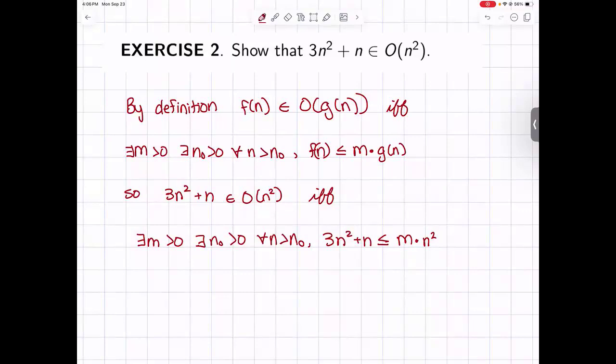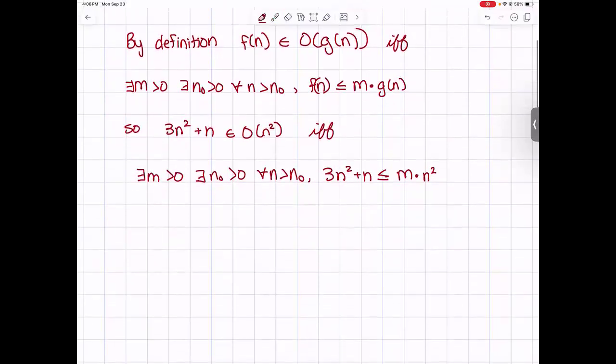I look at this problem space and I can see that we've got an n squared over here, we've got an n squared over here. We're trying to get a form where we end up with something times n squared, but we have this pesky extra thing here, and it sure would be nice to wrap this up into there.